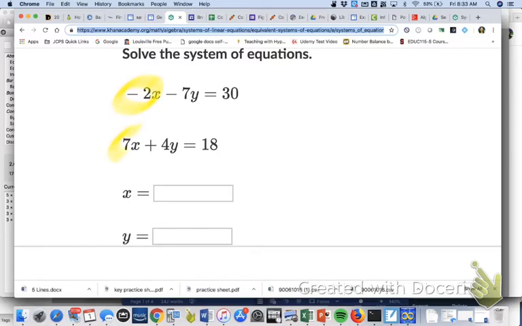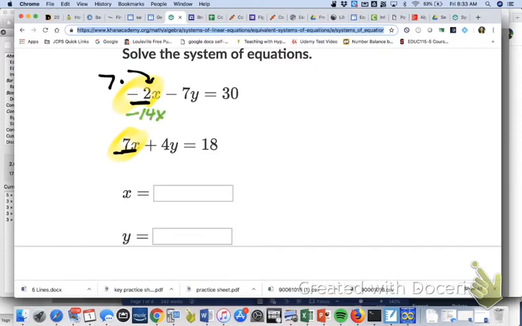I'm again going to turn my attention to the x's. There's a pretty easy way to get a 2 and a 7 to be the same number. It's pretty easy to get 2 and 7 both to be 14, right? So if I took my top equation and multiplied everything by 7, that would turn that 2x into a negative 14x.